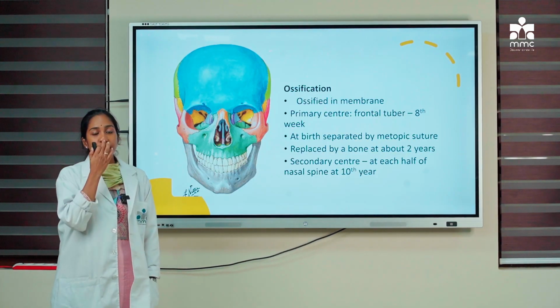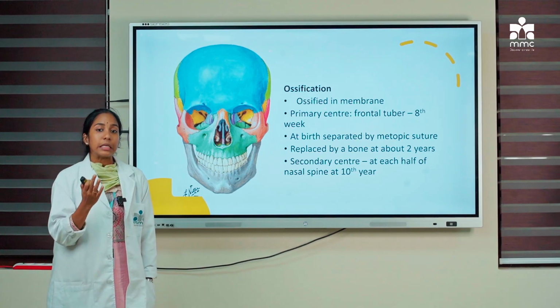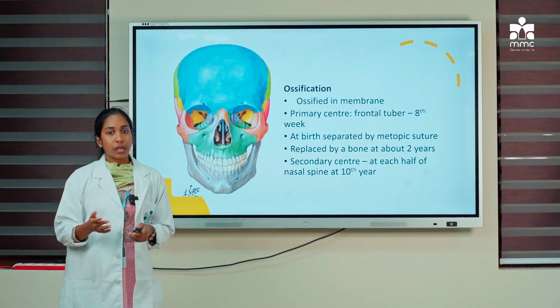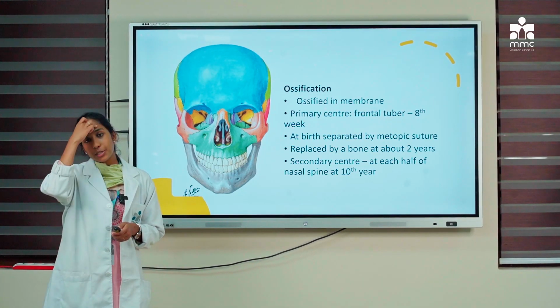Ossification: the frontal bone is ossified in membrane. The primary center of ossification we have already discussed. It is the frontal tuber.